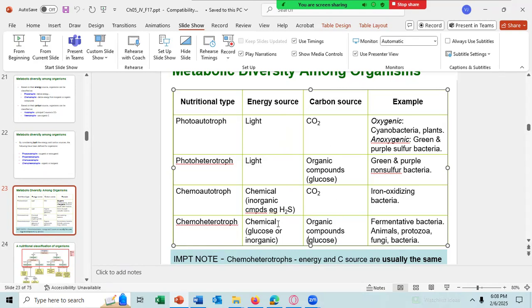And so this is very different. The chemosynthetic bacteria can be chemoheterotrophs, but so are we, and we get our energy needs from glucose. And that's where we get our carbon needs from too. So remember there's two types of chemoheterotrophs.